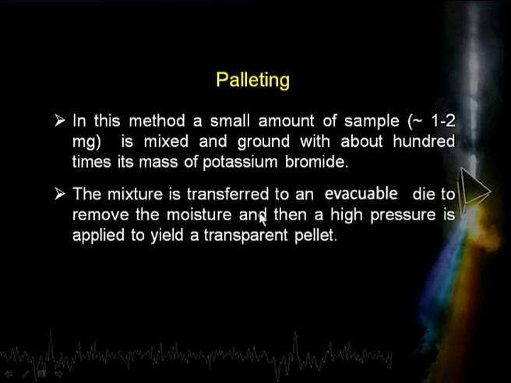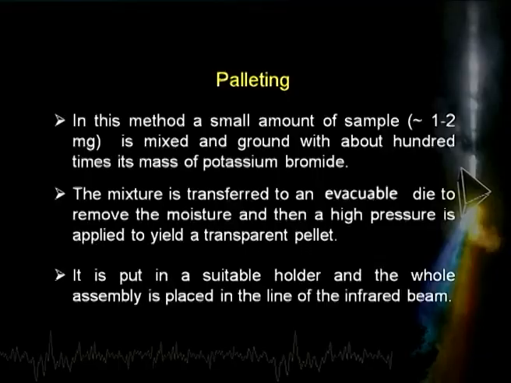Then this mixture is transferred to an evacuable die. You keep the sample on the die, and then we put some vacuum on that, which removes all the moisture, and then very high pressure is applied, whereby this mixture of the solid and KBr forms a very nice hard pellet, which is called a KBr pellet.